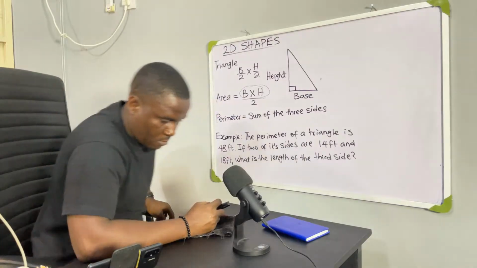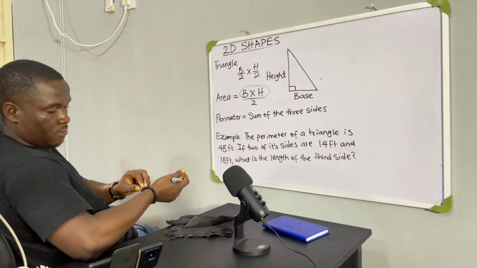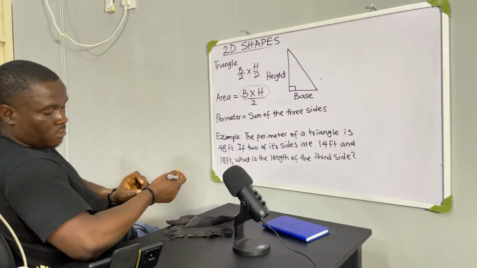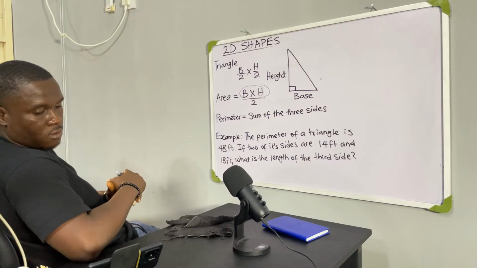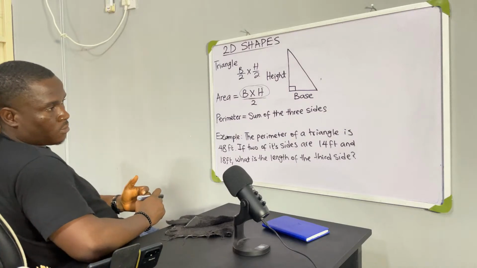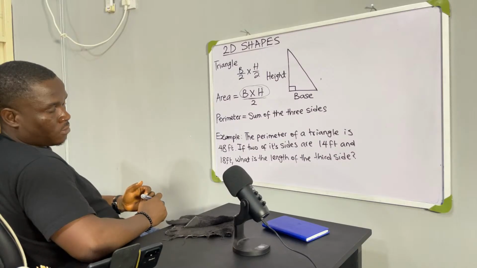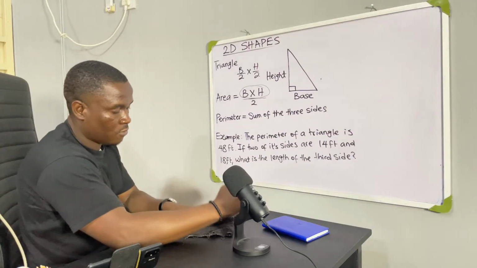So I did 14 plus 18 plus unknown equals 48 because it's perimeter and that's supposed to be the sum of three sides. So I did 14 plus 18 is 32 plus unknown is 48. Then I moved the 32 behind the 48, which is subtracted from the 48 and gives me 16. Good. Very good.